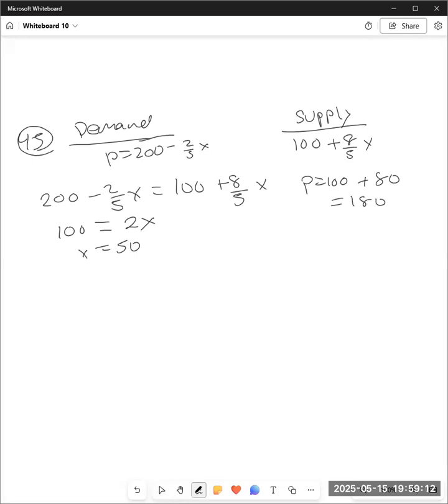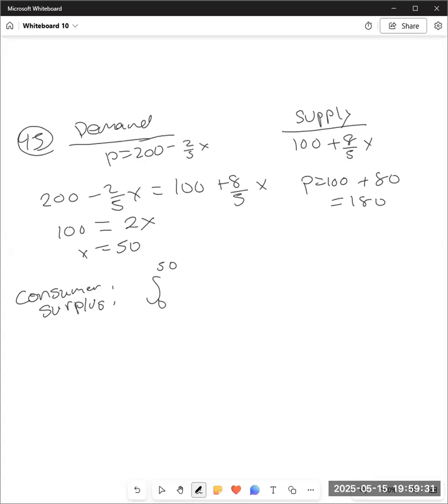So we have consumer surplus is the integral from 0 to 50 of the demand function minus price.